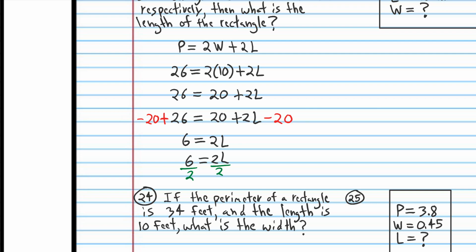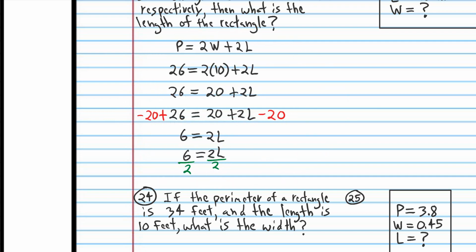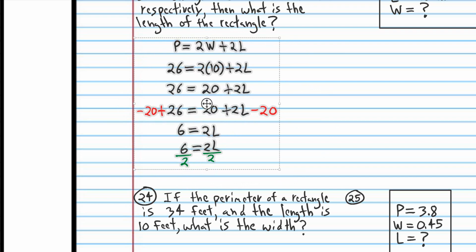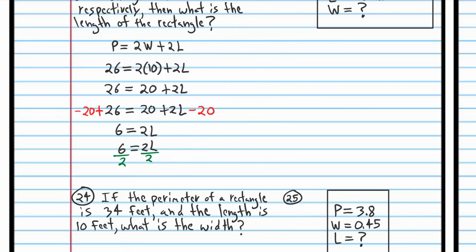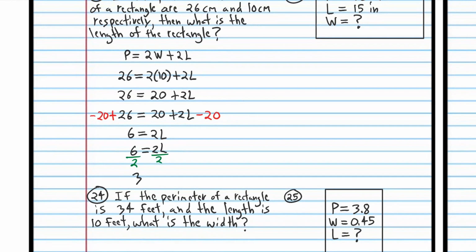Whatever that ends up being, that's our answer. So 6 divided by 2 is 3. So the answer is 3 centimeters. The length of the rectangle is 3 centimeters.